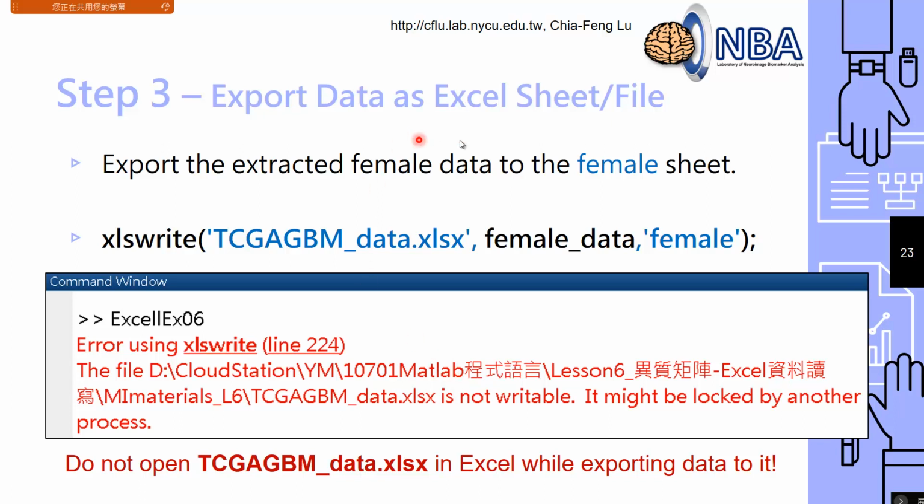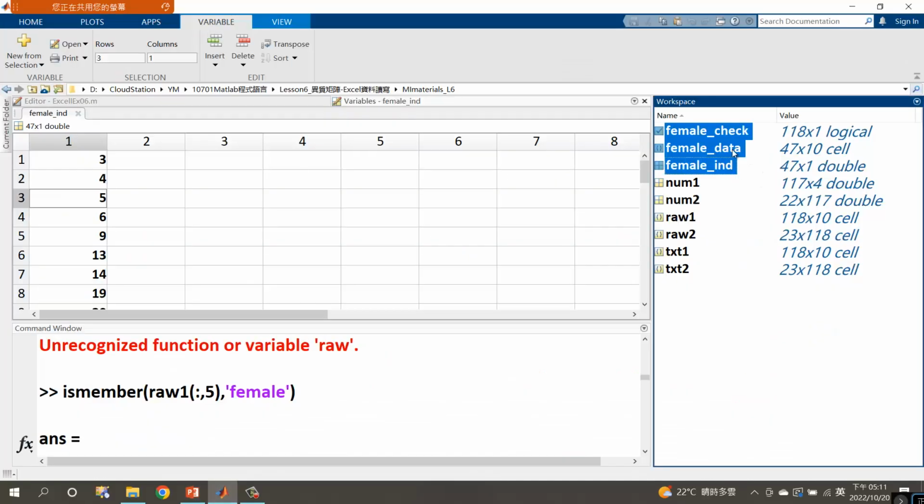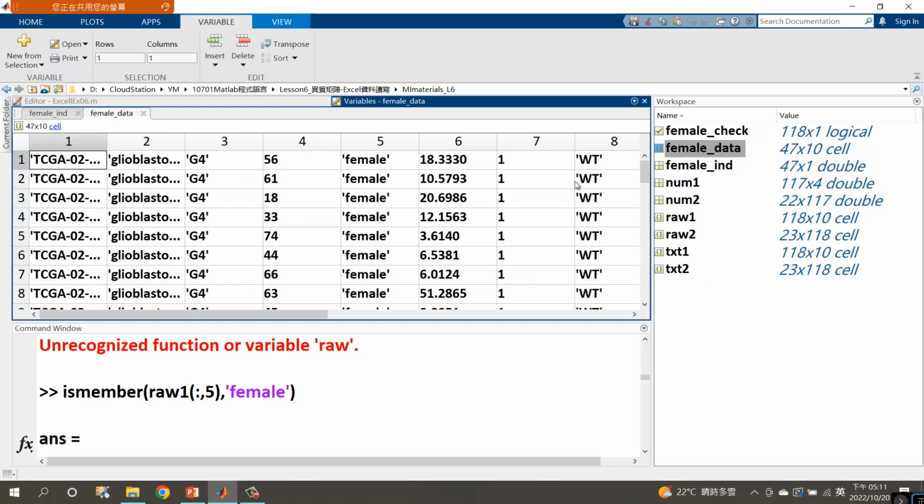Basically you can see I specify the file name. This is the same file that we are using right now, right? And we do have this female underlying data on hand. You can just check. This is a cell array with a size of 47 by 10. I'm going to write all we have within this cell array into the Excel file.